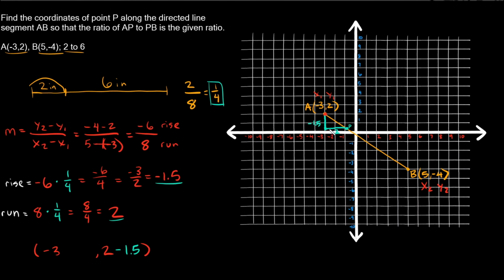And then we went over in the x direction 2 spaces, so we can add that to our x. So point P is at negative 3 plus 2, that's equal to negative 1, and then 2 minus 1.5 is equal to 0.5. All right, so point P right here is at negative 1, comma, 0.5.